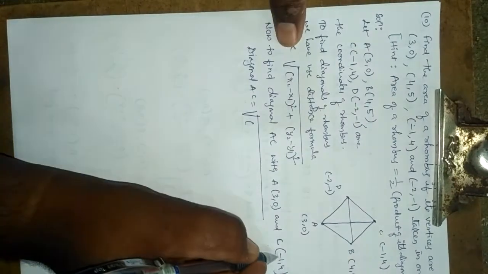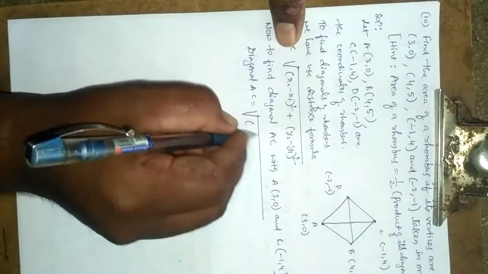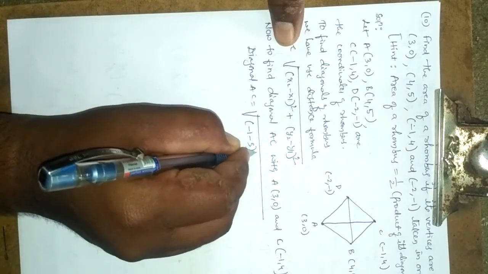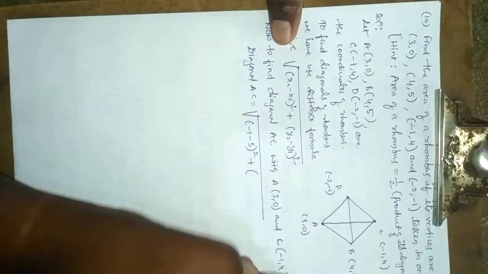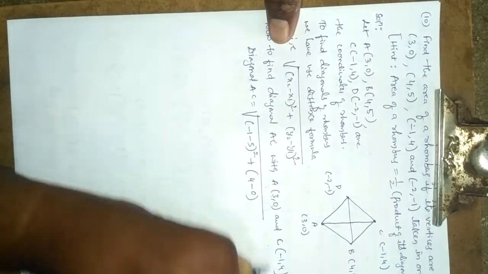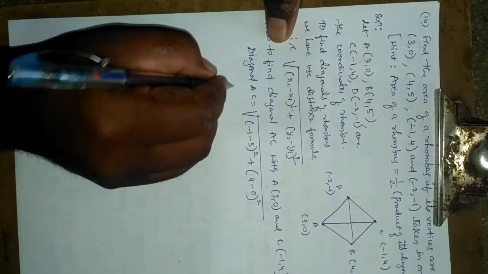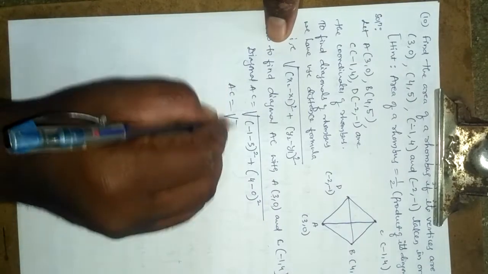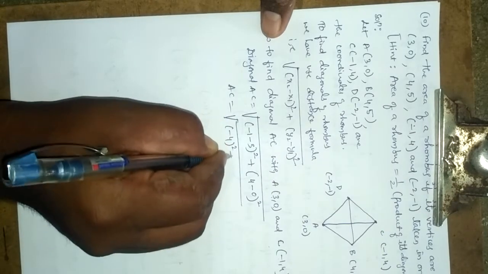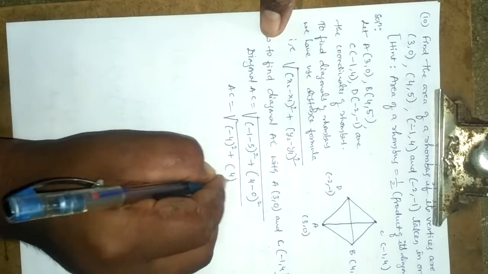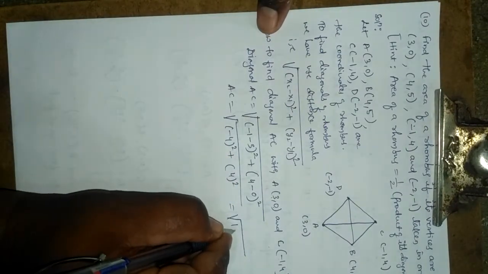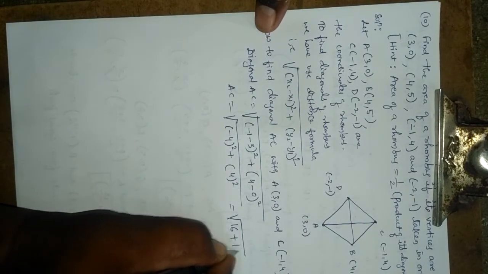So (x2 minus x1) whole square, x2 is -1 minus x1 which is 3, whole square, plus (y2 minus y1) whole square, that is 4 minus 0. So AC equals under root (-1 minus 3), that is (-4) whole square, plus (4 minus 0), that is 4 square. This is equal to under root 16 plus 16.